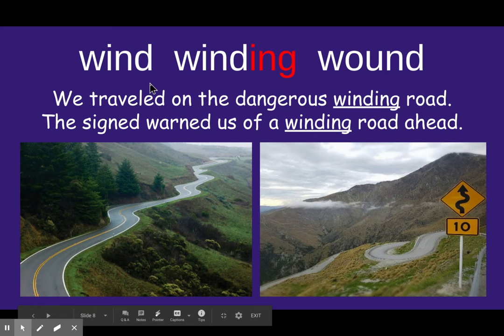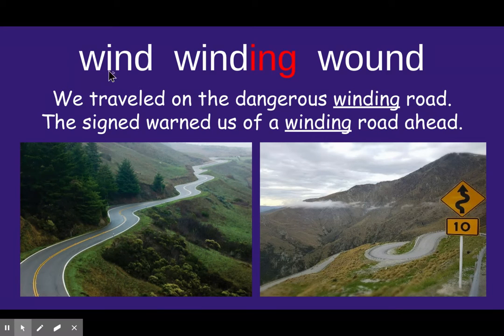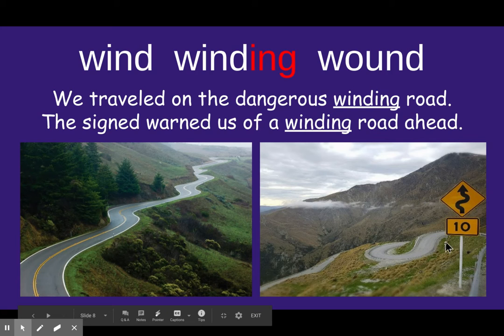This is not wind, like the weather, it's wind, to turn. Wind, winding, wound. We traveled on the dangerous winding road. The signs warned us of a winding road ahead. So, see the sign warning the people that there's going to be a very curvy, folding back on each other, curvy road, a winding road.